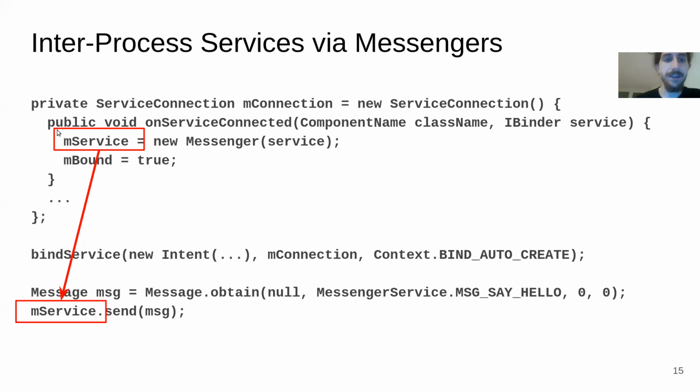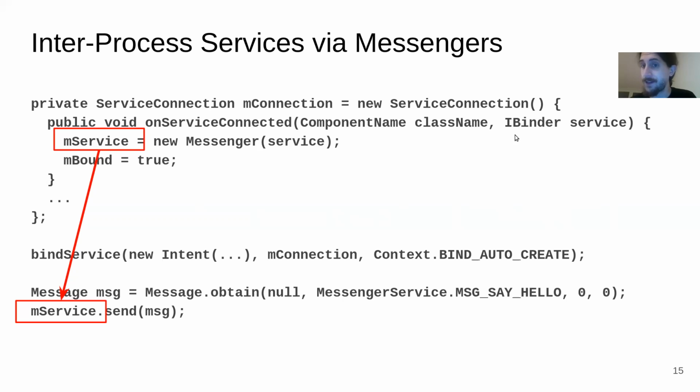You want to save this so that later, when onServiceConnected is invoked, you get some arguments. These arguments are going to be your handler to communicate with the target service. How do you obtain this handler? Check this out. This method is called with an object called service of type IBinder.